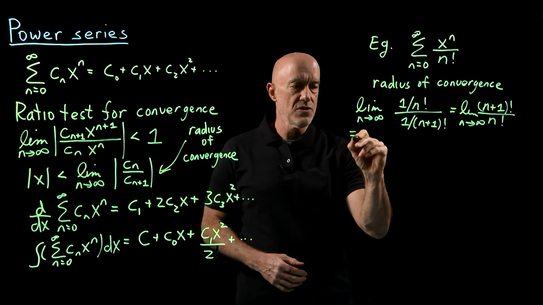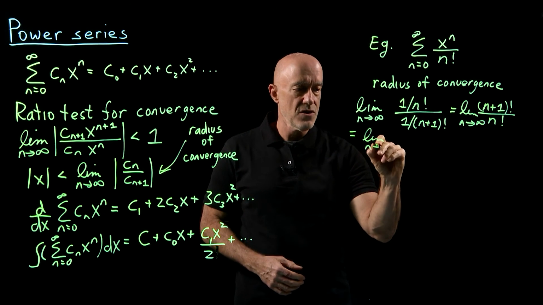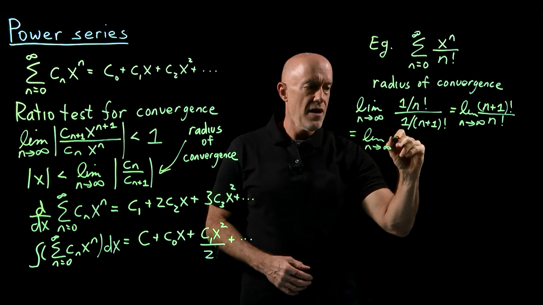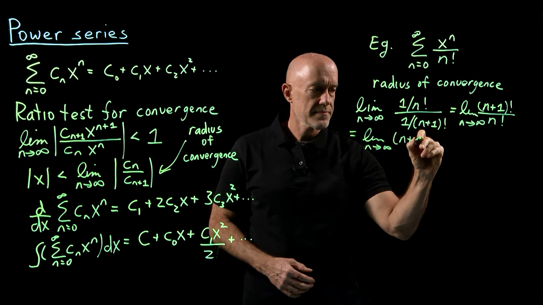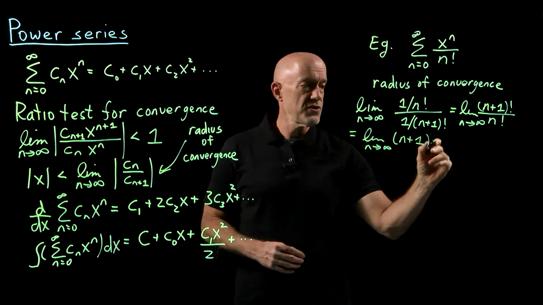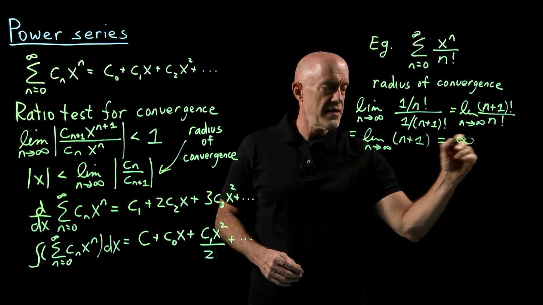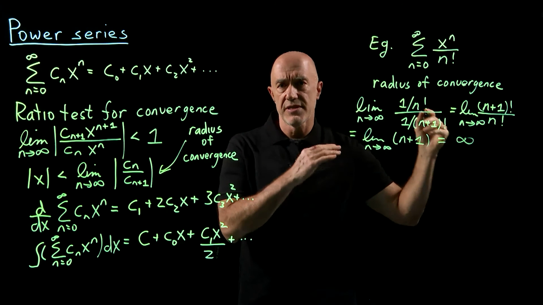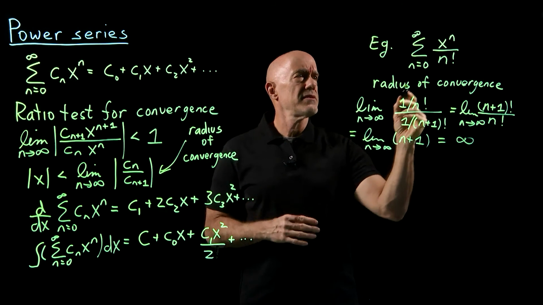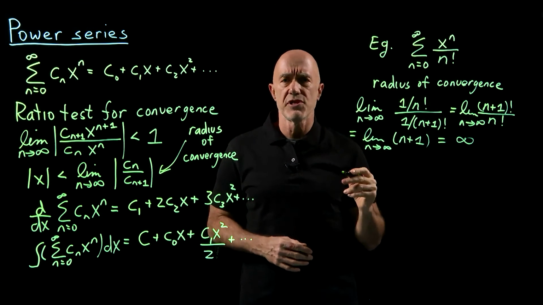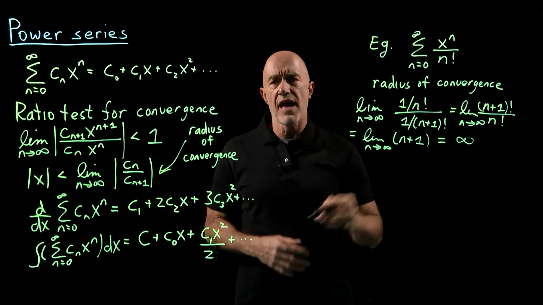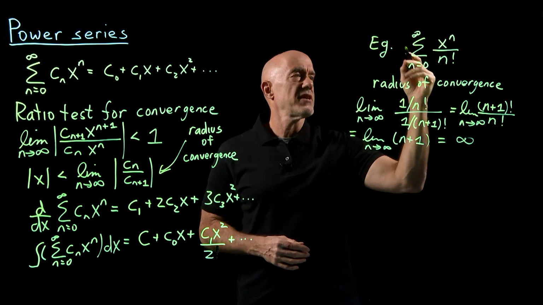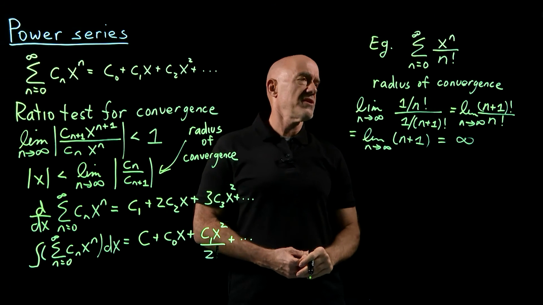So that's equal to the limit as n goes to infinity of n plus 1. And as n goes to infinity, that goes to infinity. So the radius of convergence is infinite. That means that this power series converges for all values of x. That's why it's such an important power series.